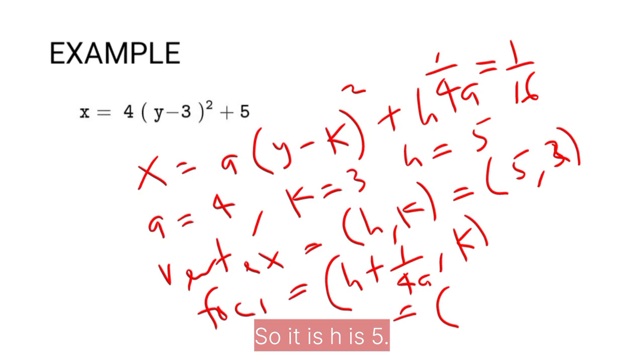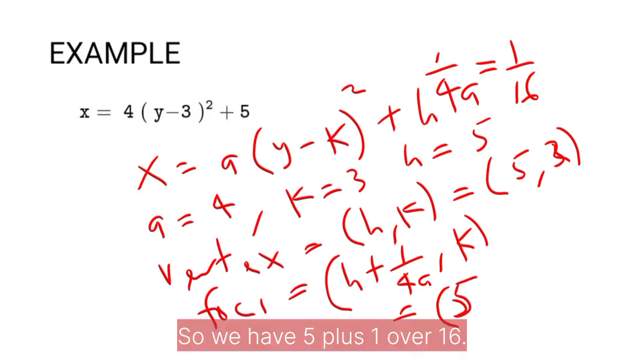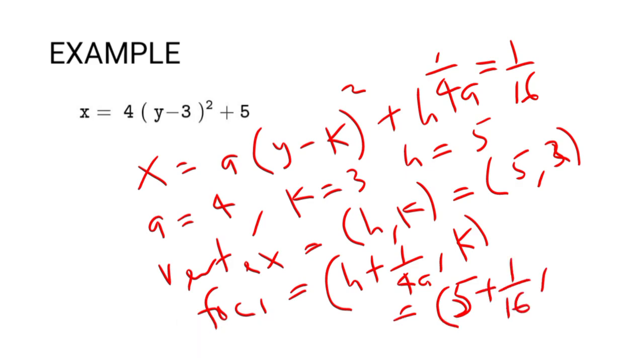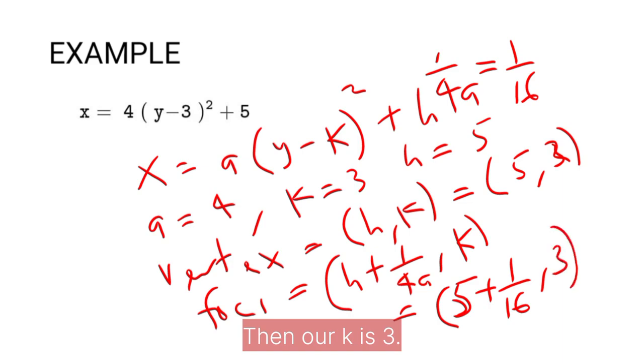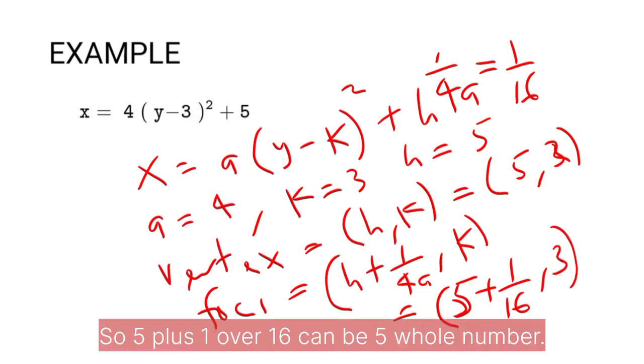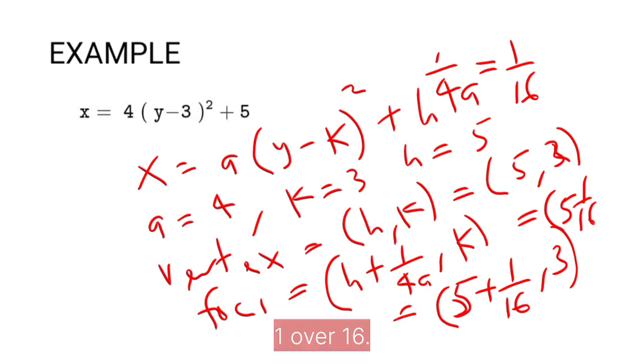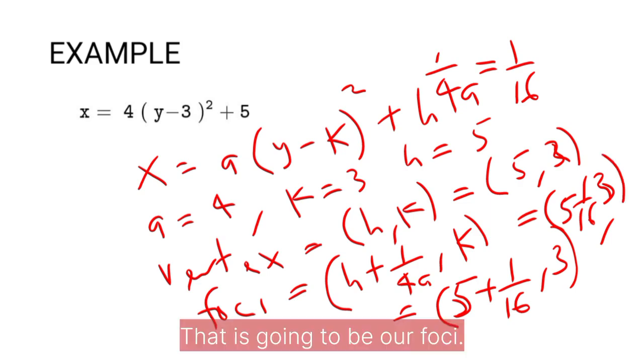This h is 5, so we have 5 plus 1 over 16, then k is 3. So 5 plus 1 over 16 can be written as 5 and 1 over 16, with 3 for k. That can be our focus.